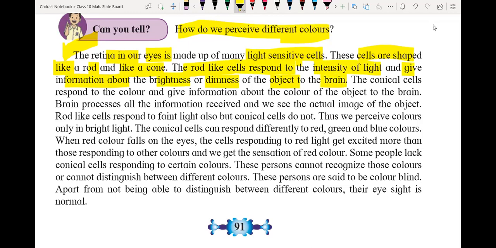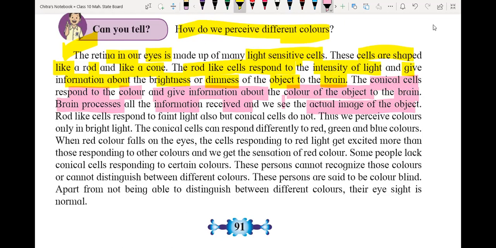Next, the conical cells respond to color because they act like a prism, and give information about the color of the object to the brain. The brain processes all the information received by the conical and rod-shaped cells and the actual image formed on the retina. So the brain senses accordingly.